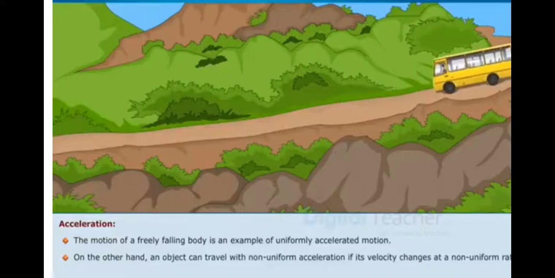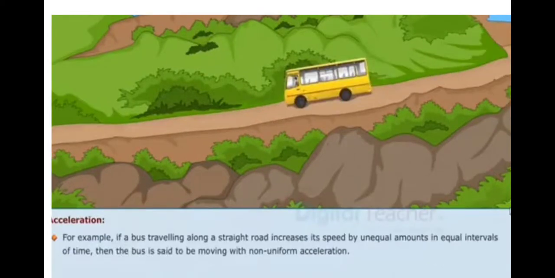On the other hand, an object can travel with non-uniform acceleration if its velocity changes at a non-uniform rate. For example, if a bus traveling along a straight road increases speed by unequal amounts in equal intervals of time, then the bus is said to be moving with non-uniform acceleration.